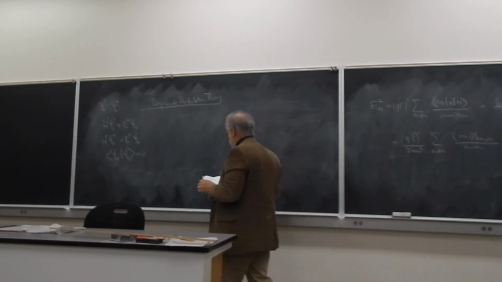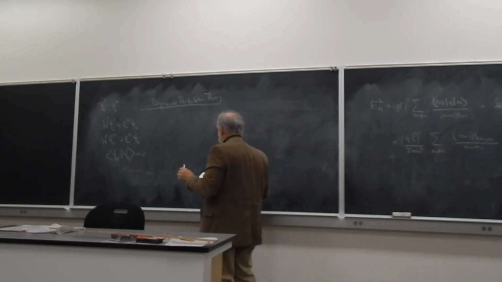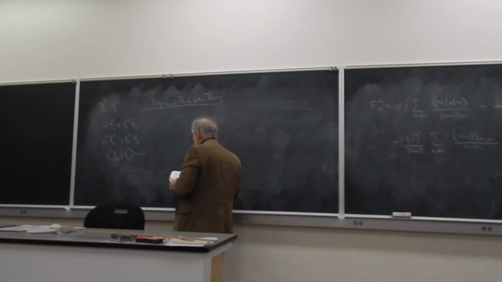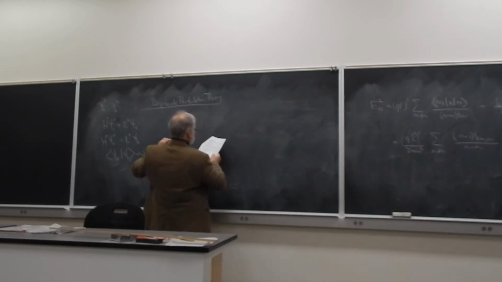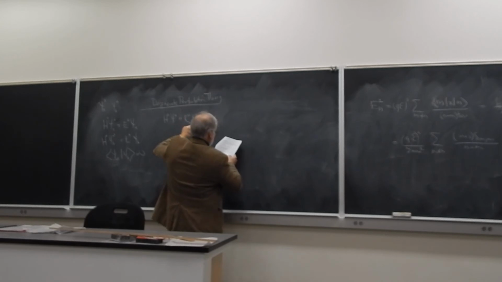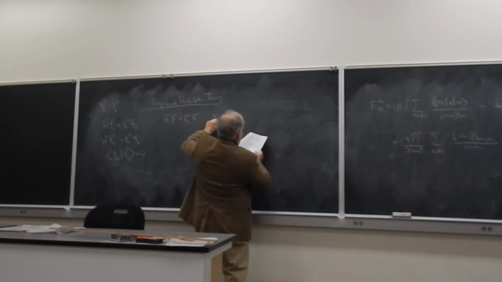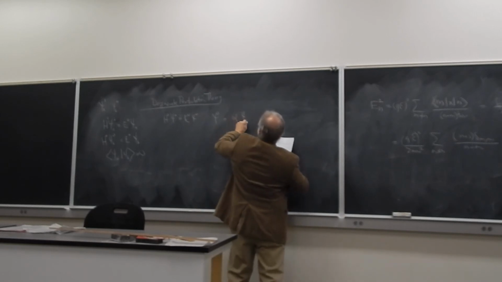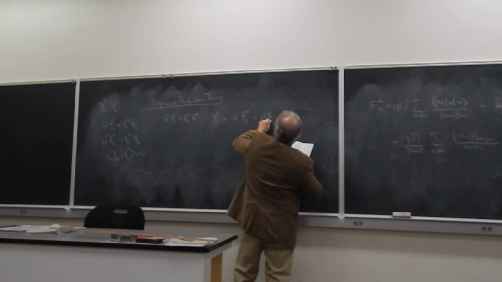So any linear combination of psi A and psi B will still be an eigenstate of H naught with eigenvalue E naught. So we can write, for example, H naught psi naught equals E naught psi naught, where psi naught is just some linear combination alpha psi A plus beta psi B.